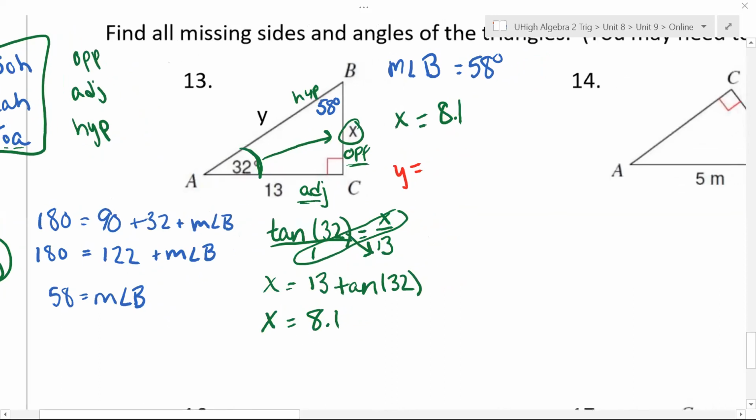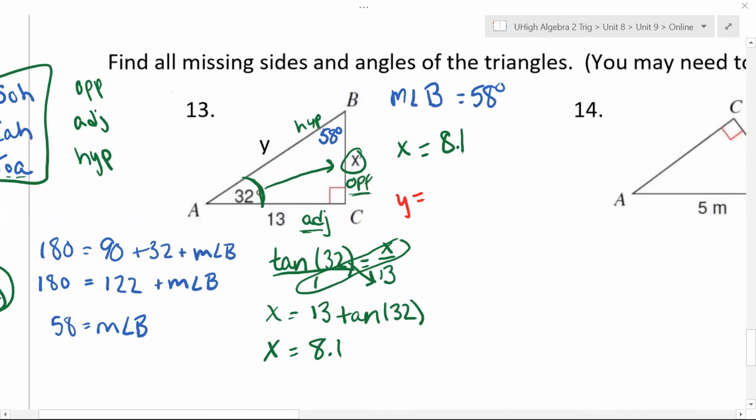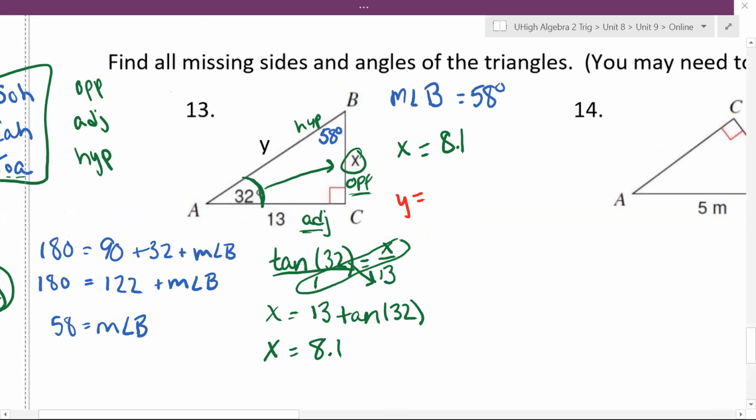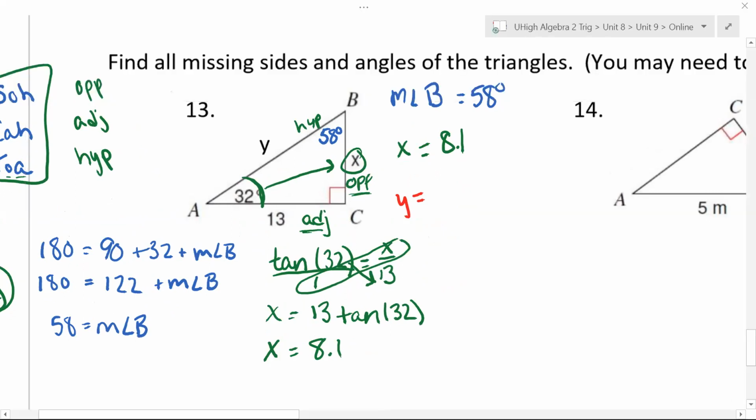All right, so there's a couple different ways that we can do this last one. Now we have two sides. I could use my Pythagorean theorem, but I do want to be careful because this 8.1 is a rounded number.